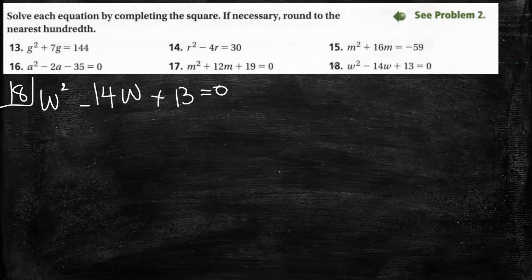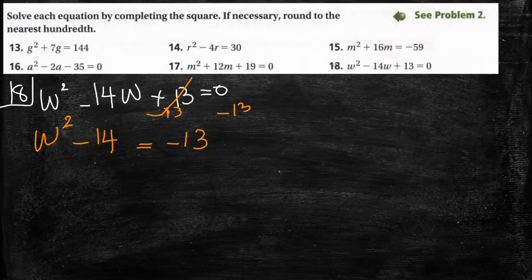Now let's isolate here. How? By subtracting 13 from the two sides. So by this step, you will get w squared minus 14w equal negative 13.